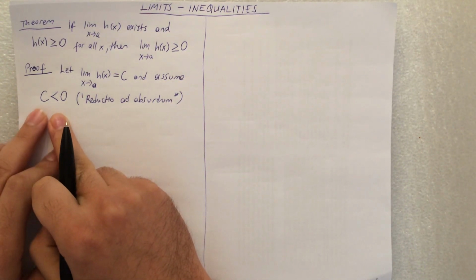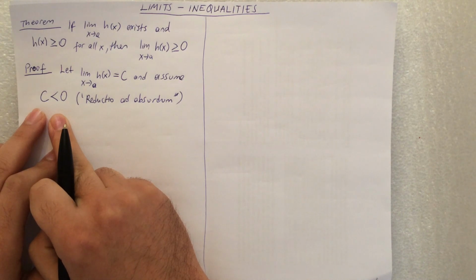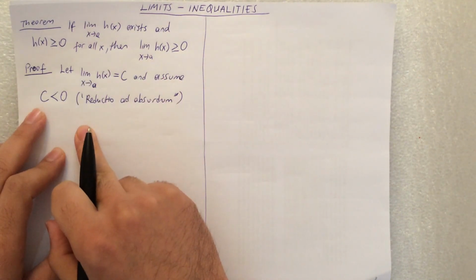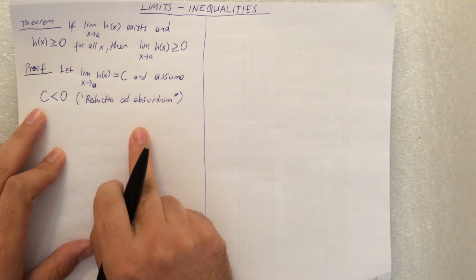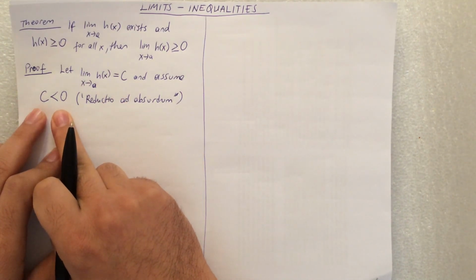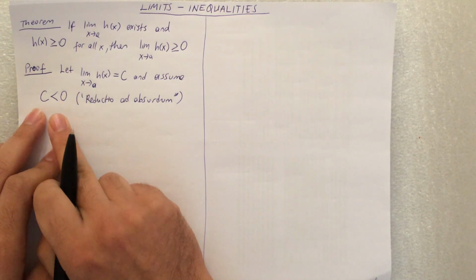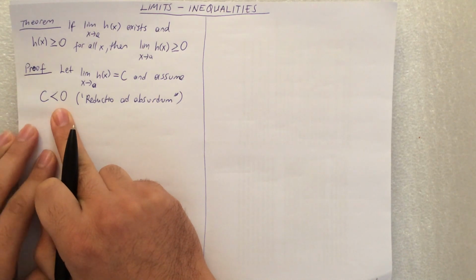We are assuming that c is negative with the hope that we are going to have a contradiction at the end, which will tell us that this cannot be true, and then we are going to prove that c needs to be larger than or equal to 0. So let's assume this for the time being.